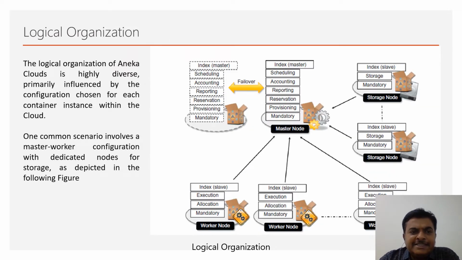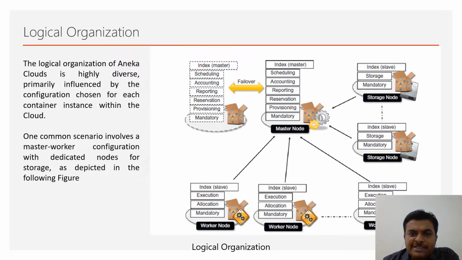Now, the next thing is logical organization: how logically all the nodes in the cluster are connected. Here we see there is a master node which has seven features, named index master, scheduling, accounting, reporting, reservation, provisioning, and mandatory column.